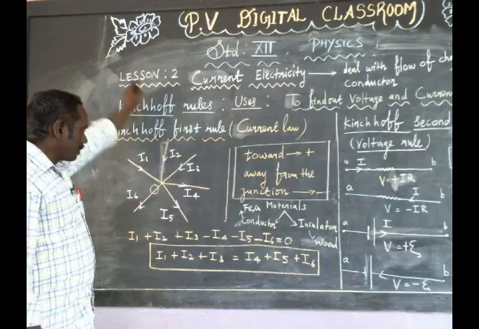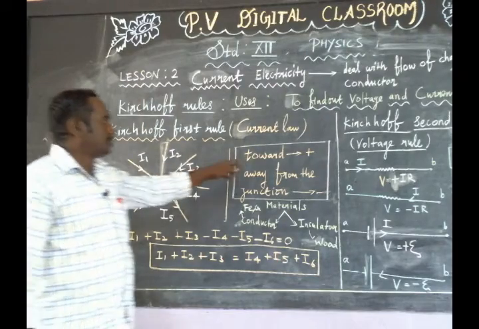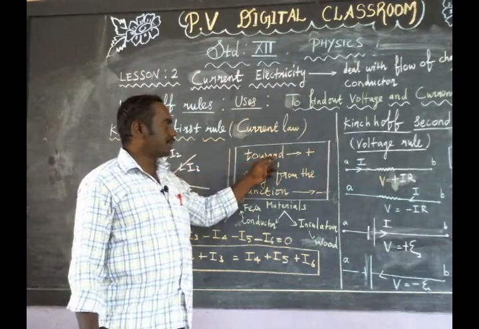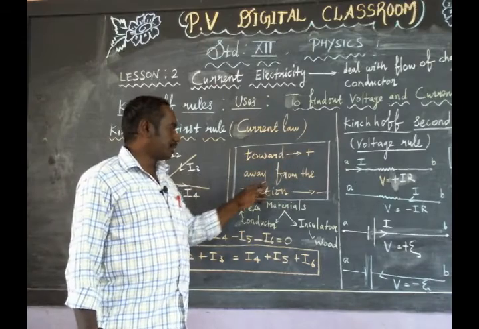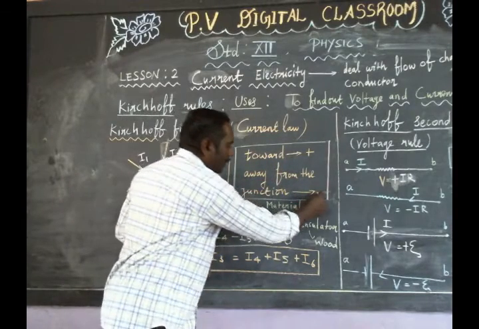Current toward the junction is taken as positive, and current away from the junction is taken as negative.